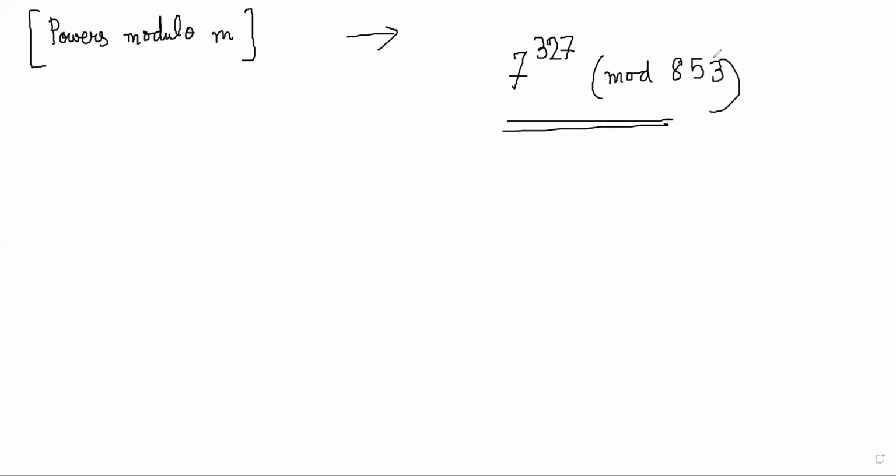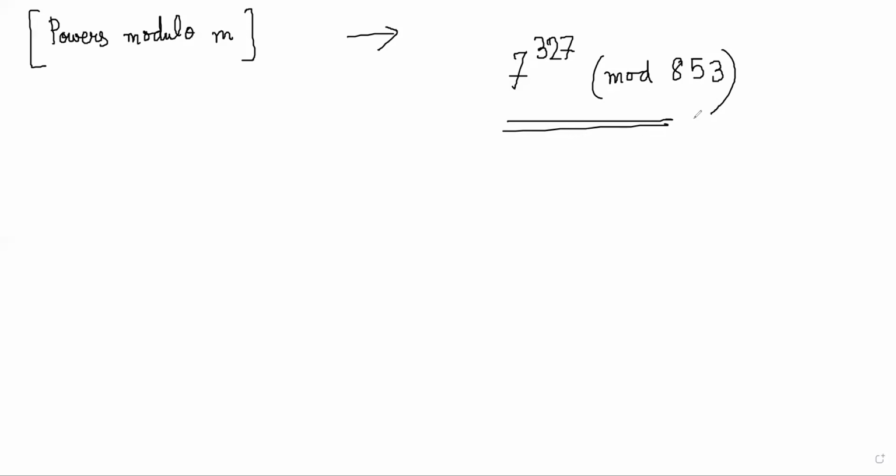As an example in this book, we will look at 7 power 327 mod 853. Find this value. This is a weird question in the sense that there is no easy way to do it. We are going to learn the general way to solve such problems.